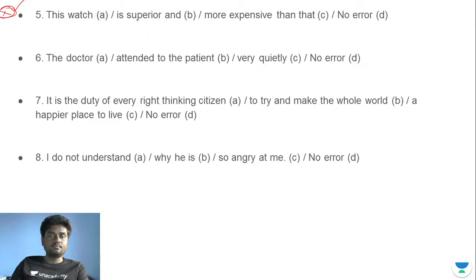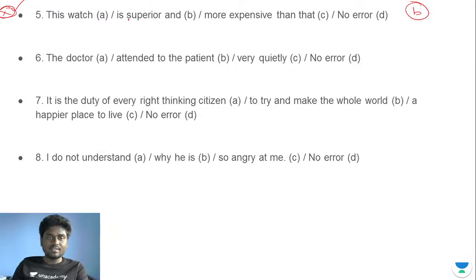If you try to see this fifth question, this watch is superior and more expensive than that. It's a very simple statement, but if you keenly observe one thing here, very good, Aditya. The error is with part B. Super. I'll try to explain this. Listen carefully.